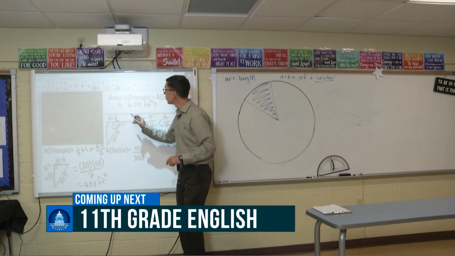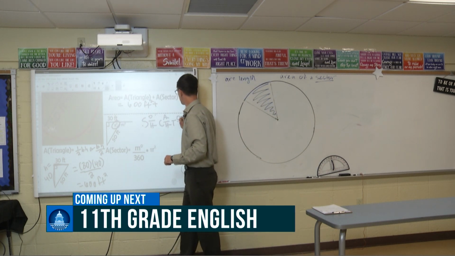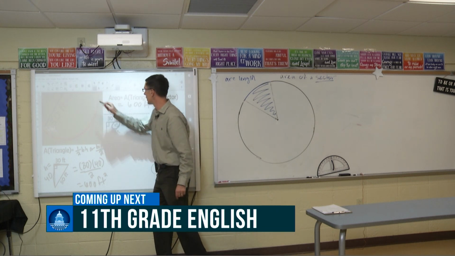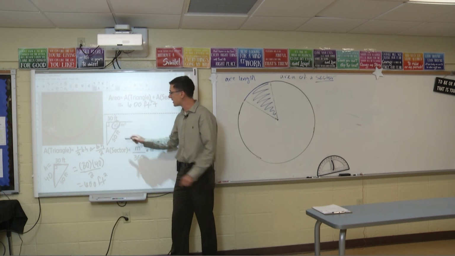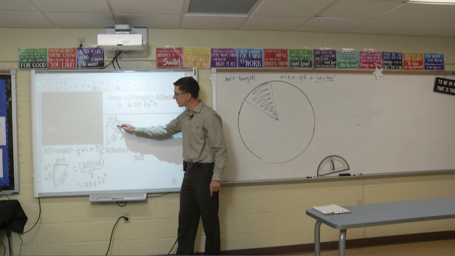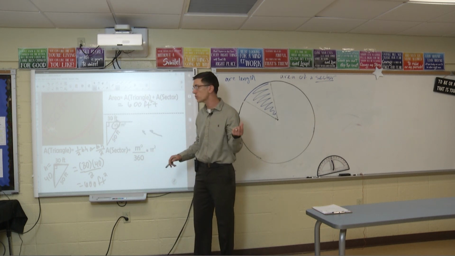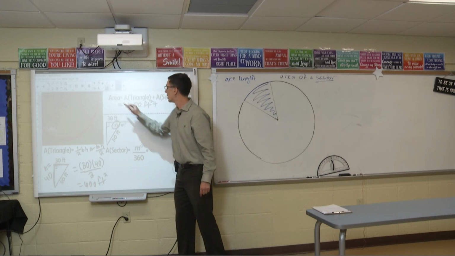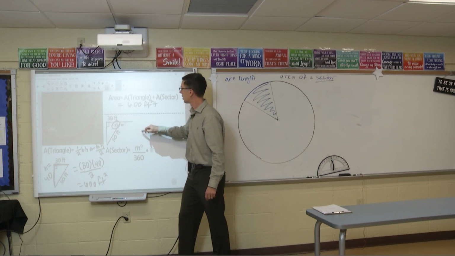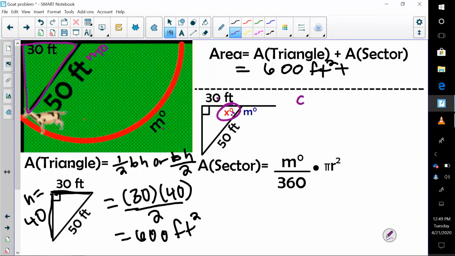So, if we look at what we're given here, 30 and 50, 30 is adjacent to x and 50 is the hypotenuse. So we're going to use the inverse cosine. So our equation will be cosine x equals adjacent side, which is 30, over 50.